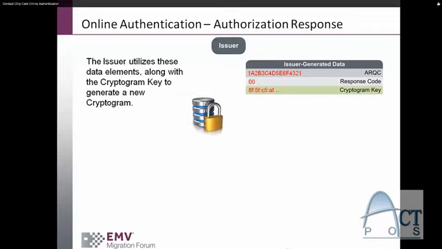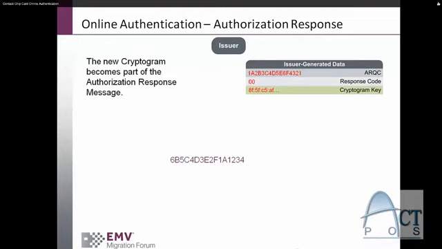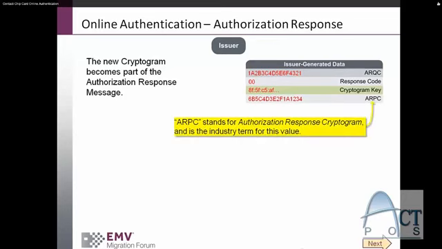And this cryptogram is going to be different than the first cryptogram because different data elements were used to generate this cryptogram. This cryptogram becomes known as the ARPC. It becomes part of the authorization response message, and the ARPC stands for the authorization response cryptogram. That's the industry term for this value.